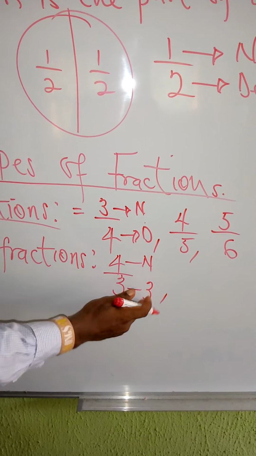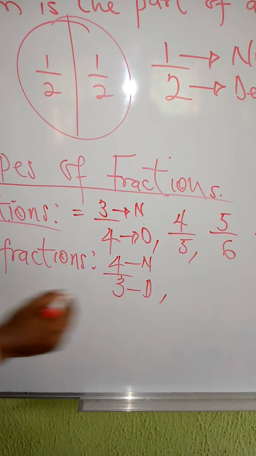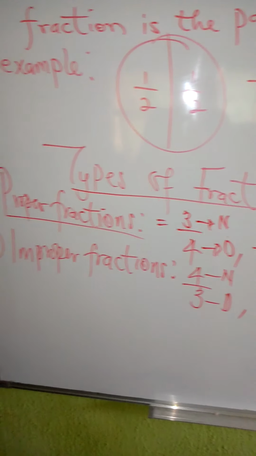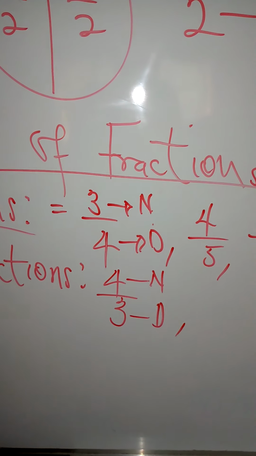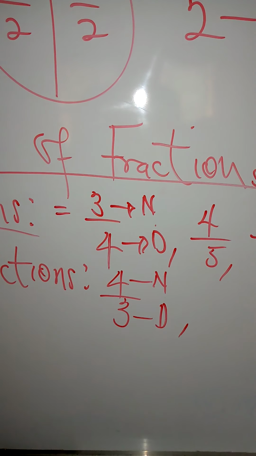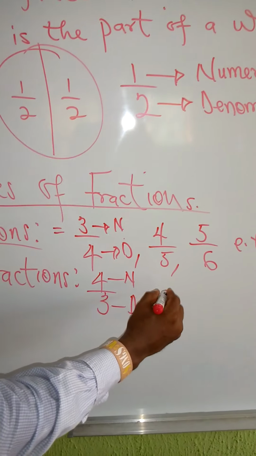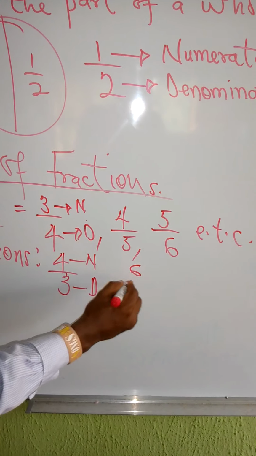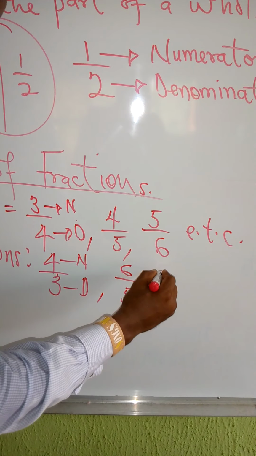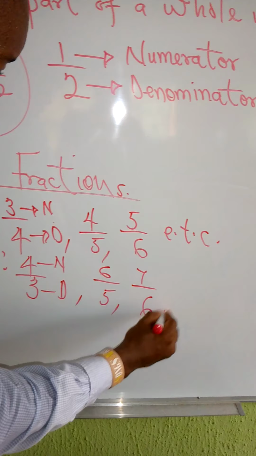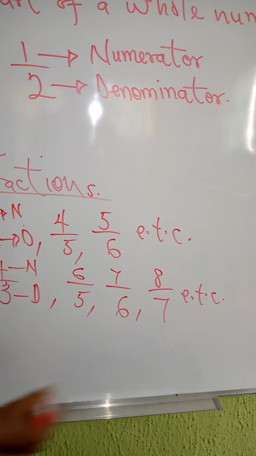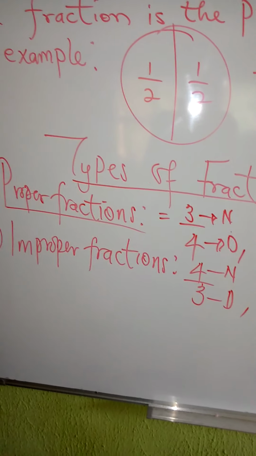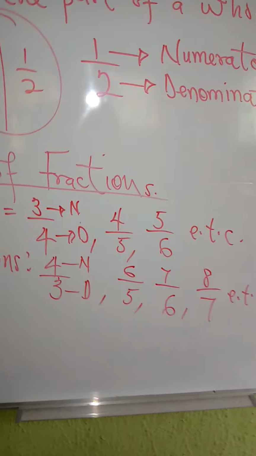So whenever you have a bigger numerator up and you have a smaller denominator, that gives you an improper fraction. Examples further, you have something like 6/5, and you have 7/6, you have 8/7, etc. These are examples of improper fraction.